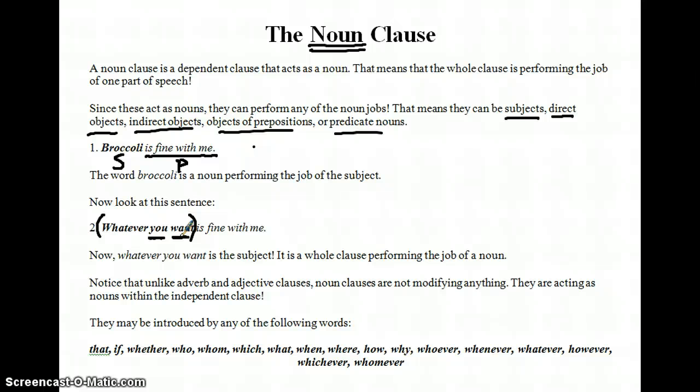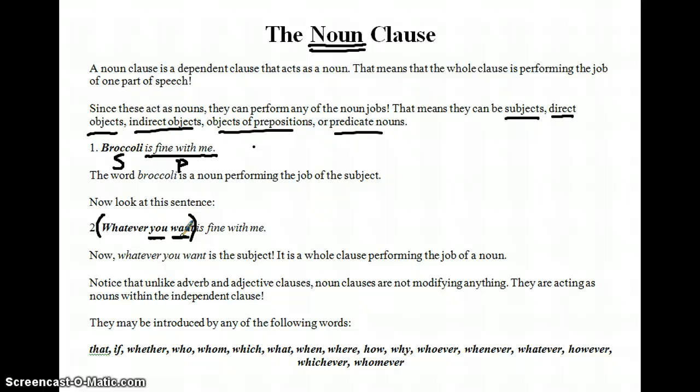Now it starts with a word that is one of the words that could start a noun clause, and they're actually down at the bottom of the screen. To be honest, there's a lot of them: that, if, whether, who, etc. You can read the whole list yourself. I think rather than memorize all of those words that start noun clauses, simply looking at the big picture of an independent clause and finding a little clause inside is probably the best way to go.